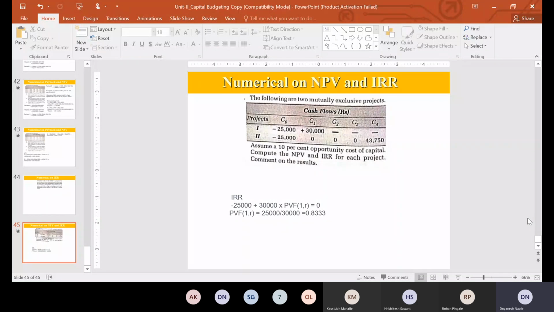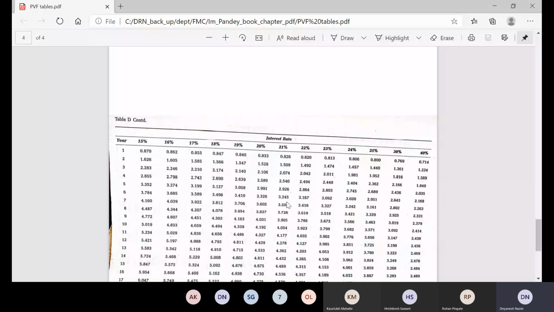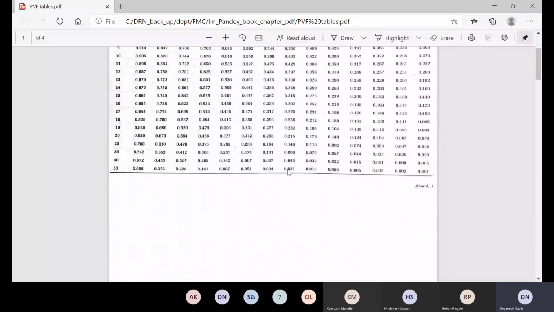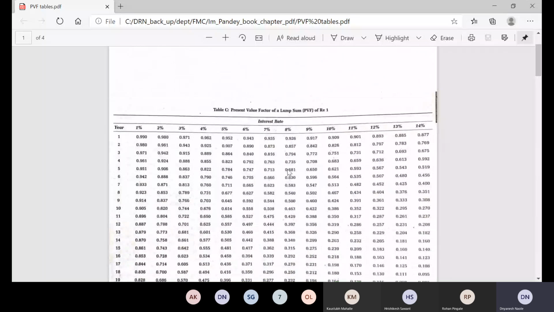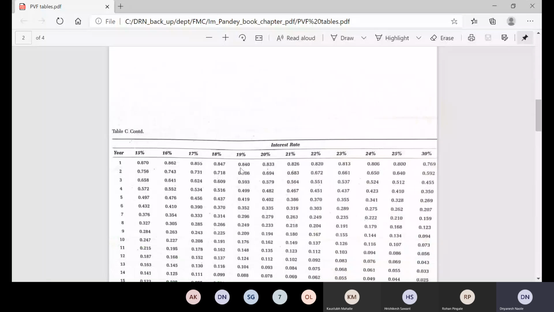So there was a mistake here. It was 25,000 divided by 30,000. Okay, so it comes to 0.8333. And now if we go to the table, .833, it is coming 20%.